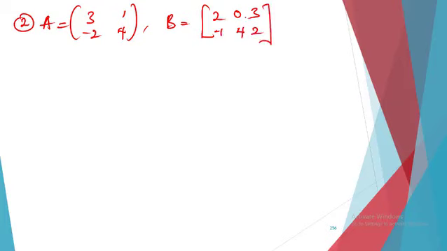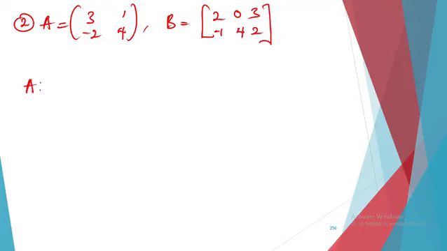Can we multiply this? Is it possible? We were told that to multiply, the number of columns in A must be equal to the number of rows in B. The number of columns here is 2, the number of rows here is 2. So therefore we can multiply.